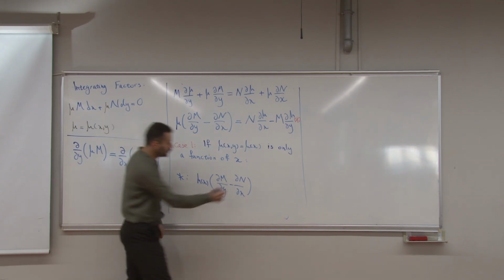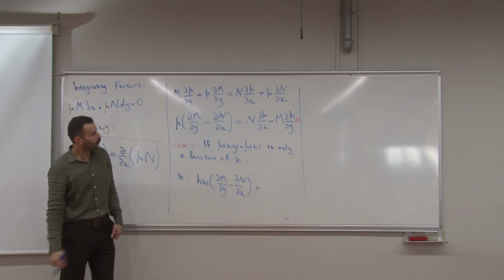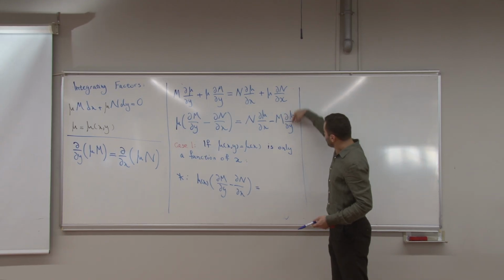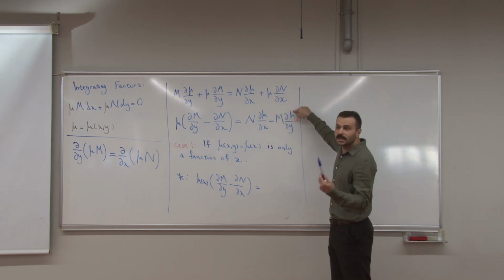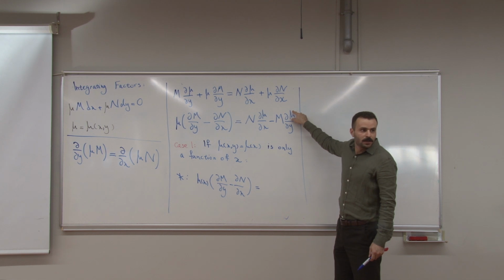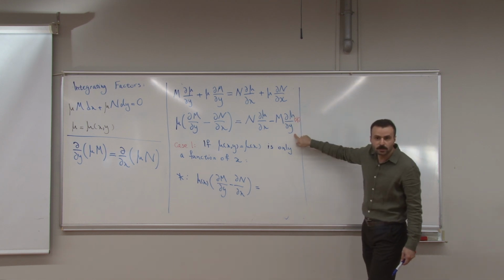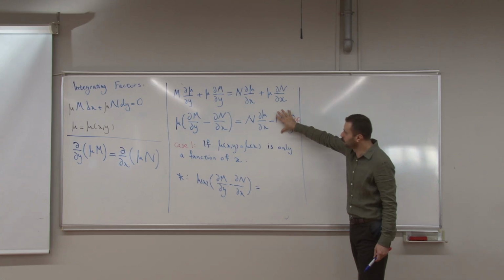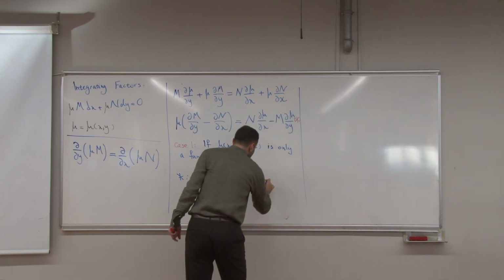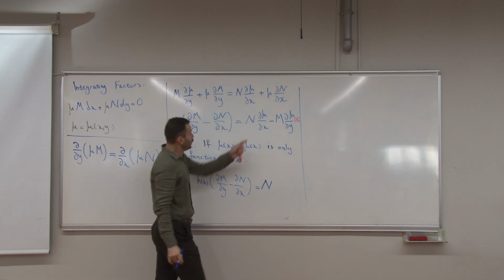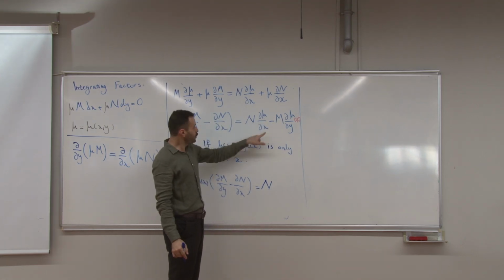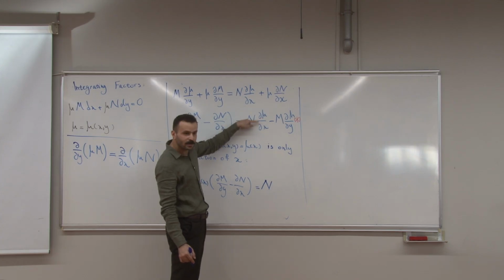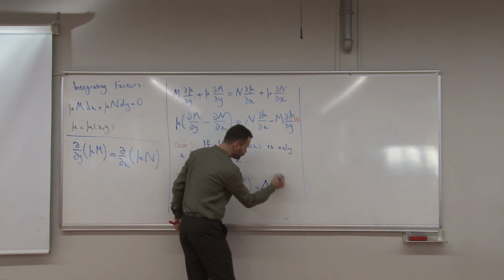Okay? This is going to be equal to what? What happens to this one? If our mu is only a function of x, then we are taking its derivative with respect to y, so this is going to be 0, right? So what is going to happen? This is going to be N times the derivative of mu with respect to x, and since this is only a function of x, I can write this as d mu over dx.